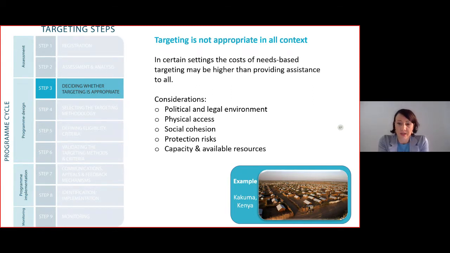Considering this low percentage, and considering also different targeting methods and the errors of inclusion and exclusion in identifying this 4%, and also the cost, since identifying this 4% was more costly than blanket assistance, the operation decided not to implement targeting. In that case, for that specific period and in that context, it was better to continue with blanket assistance instead of moving towards targeting.